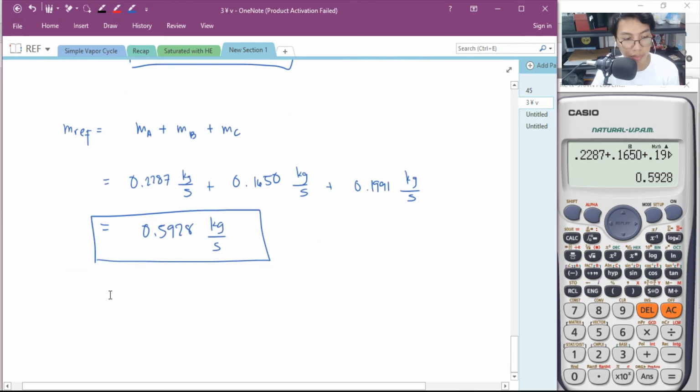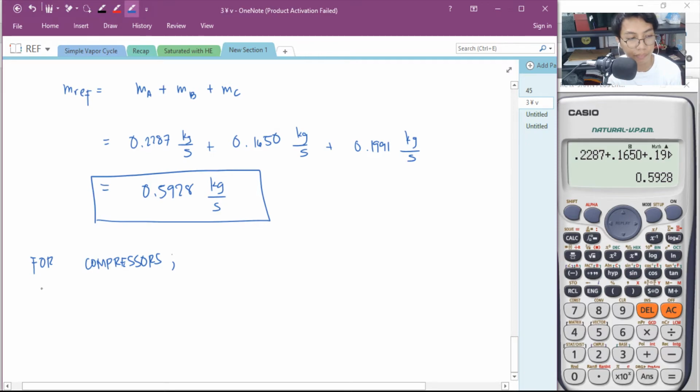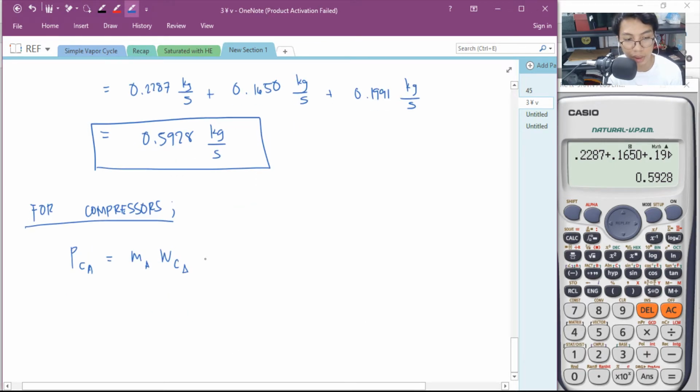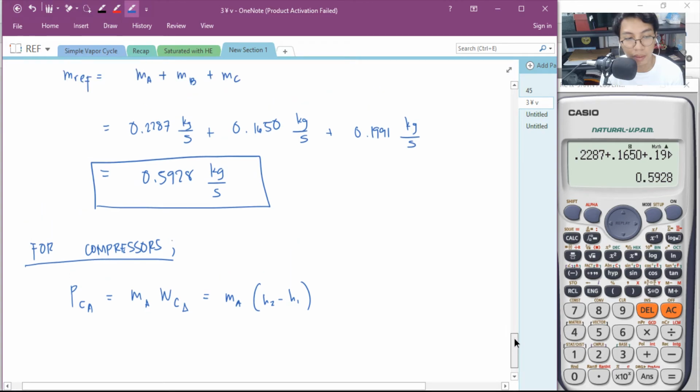For the work ng compressors, power ni compressor A will be equal to MA work ni compressor A. That is equal to MA H2 minus H1. So yun, no?